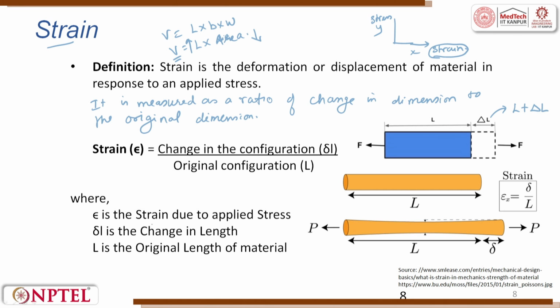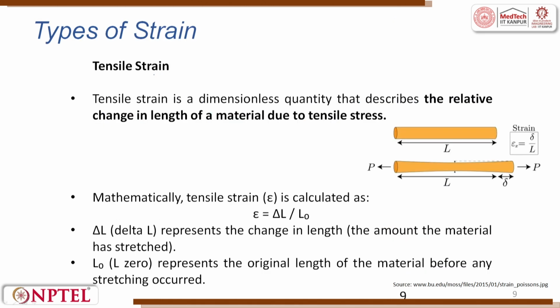So, strain is due to applied stress, delta L is the change in length and L is the original length. Tensile strain is a dimensionless quantity that describes the relative change in length of the material due to the tensile stress, right. So, you are trying to pull, it is tensile.